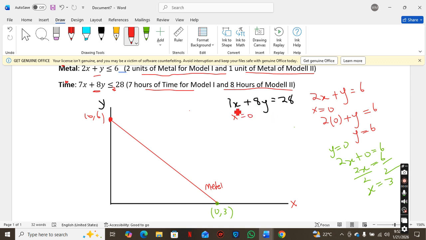So you substitute x for 0 there, so you're going to say 7 times 0 plus 8y equals 28. So 7 times 0, that is 0. So you say 8y equals 28.